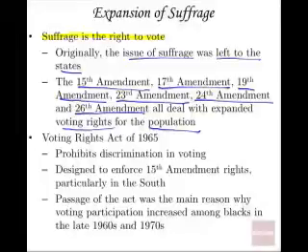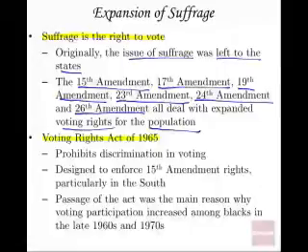Now, the Voting Rights Act of 1965, whereas the 15th Amendment granted blacks the right to vote, in practice, there were a lot of things going on in the South, particularly, that prevented blacks from voting.